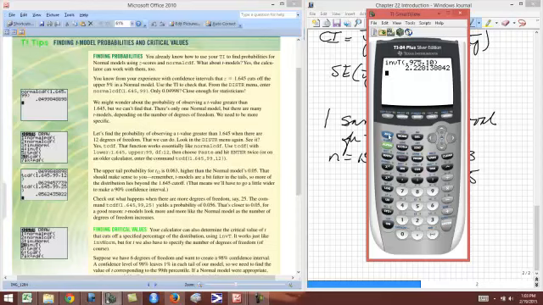Now let's increase the sample size. That number should go down. So let's make it 50 and see what happens to it. Okay, a lot closer to 1.96. And let's go to 100.